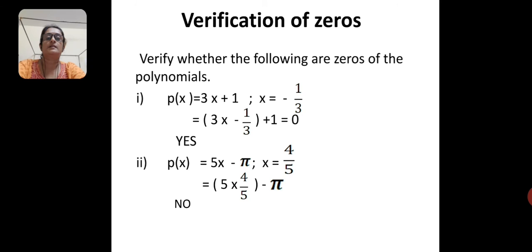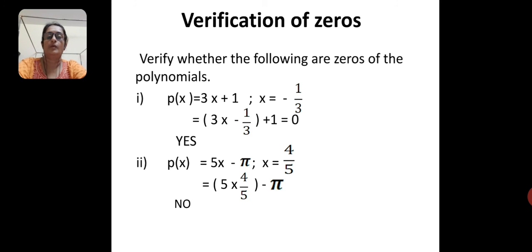When you replace the value of x with minus 1 upon 3 in the polynomial, that is 3x plus 1, you will get 0. So 3 into minus 1 upon 3 plus 1 gives you 0. So what does it show? When you get the answer as 0 using minus 1 upon 3 in that polynomial, the zero of that polynomial is minus 1 upon 3.